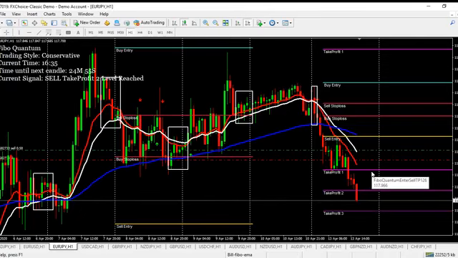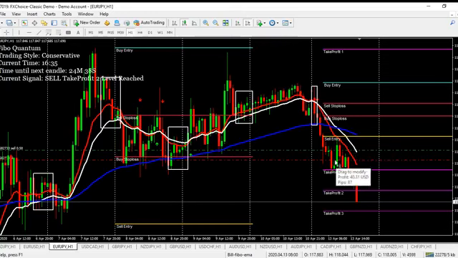But in order to do that, you have to give it some room. You can't tighten your stops up too tight because then you'll just get stopped out with a gain, but not as big a gain as you could have had. So I hope that makes sense.